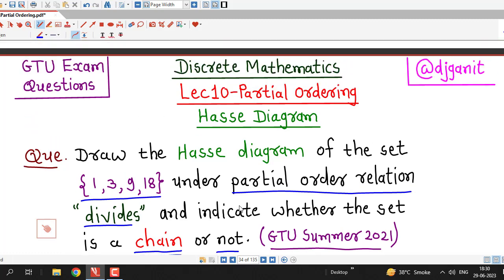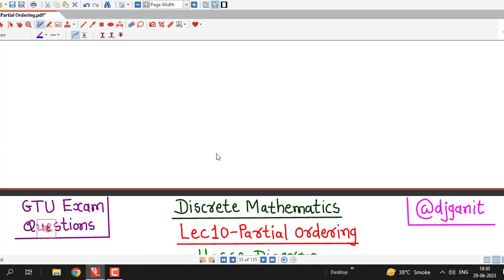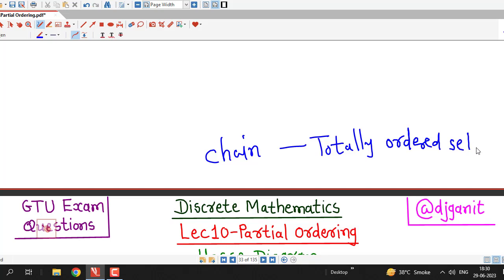We have discussed this chain. Chain is another name for a totally ordered set. A totally ordered set is a special type of partially ordered set in which any two elements are comparable.